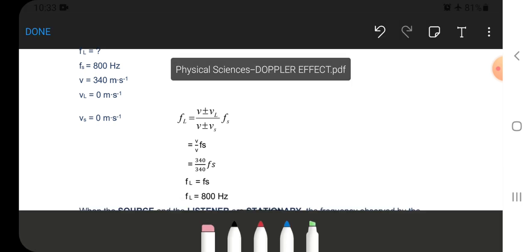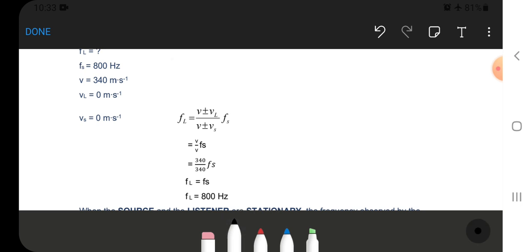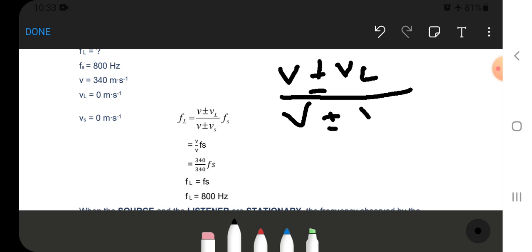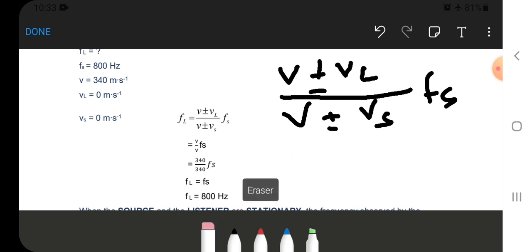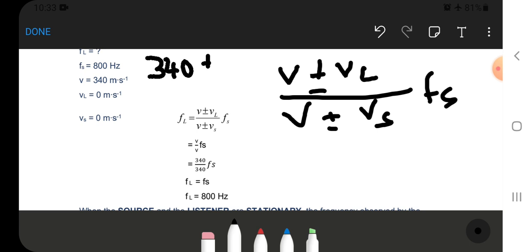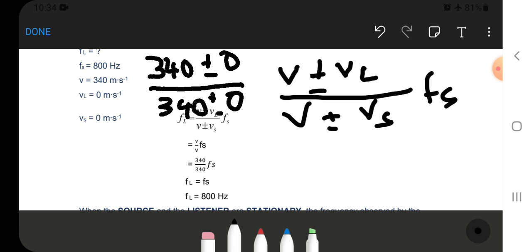Let's do this. You have V, I'll write it here as 340 plus or minus VL, which is 0, and then here you still have 340 plus or minus the VS, which is 0, and then the FS.